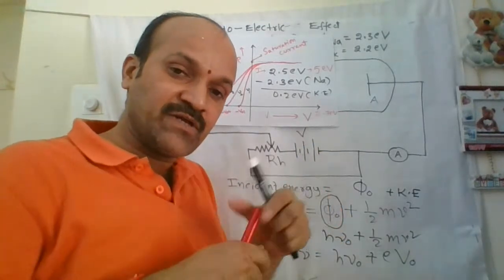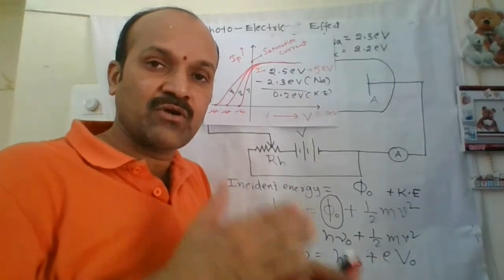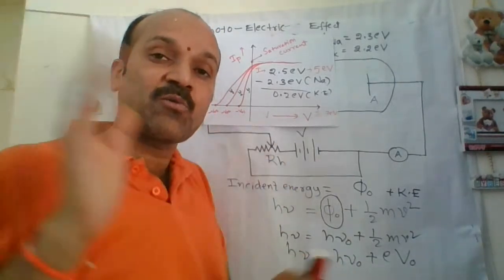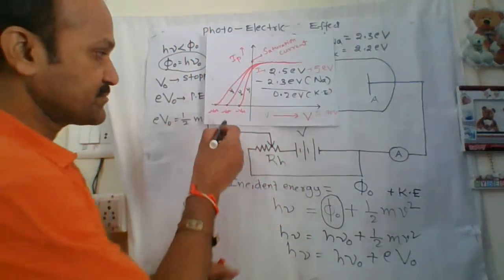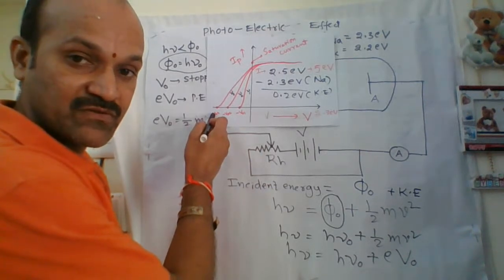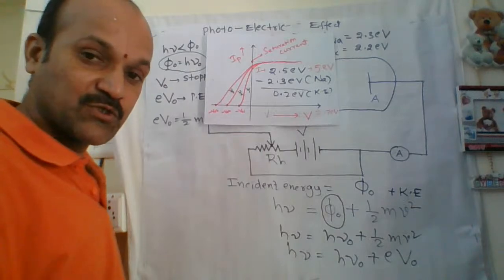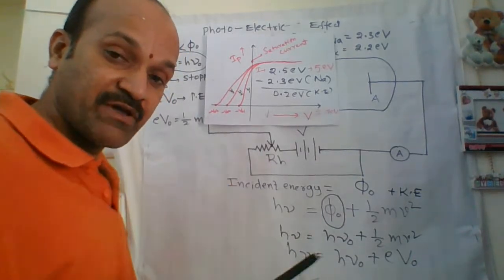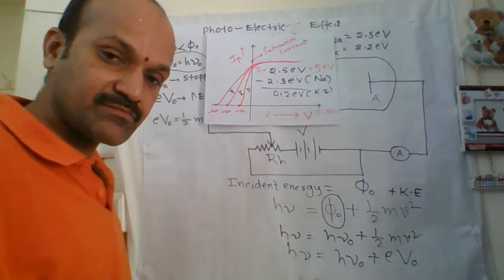When the kinetic energy of the electrons is increasing, obviously if you want to stop that, you have to apply higher stopping potentials. That's why we have different values of stopping potentials. Clear? So it is not constant. Stopping potential varies with incident radiation.